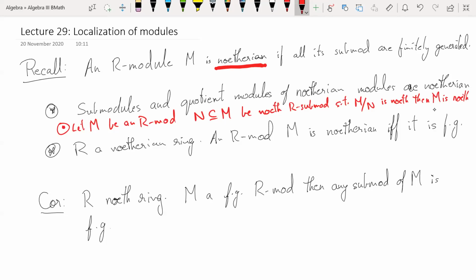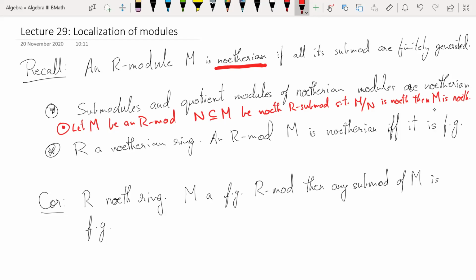The proof is similar. You can use the same technique which we used in this theorem, that a finitely generated R module over a Noetherian ring is Noetherian. So this was the main result which we proved last time.